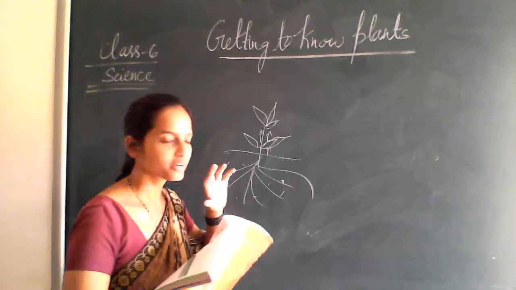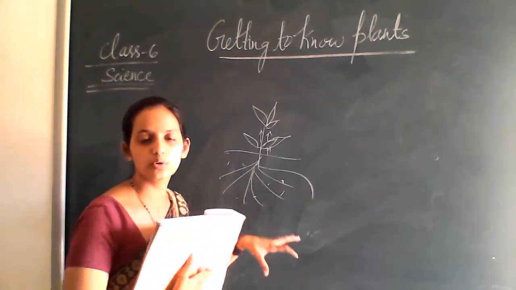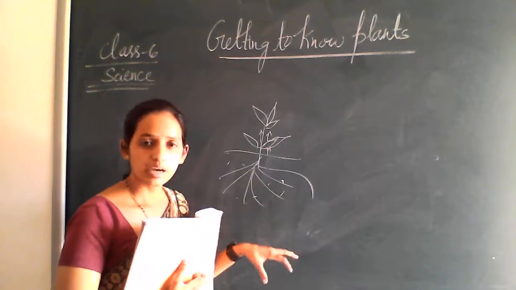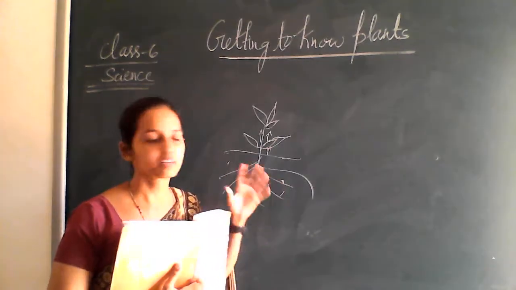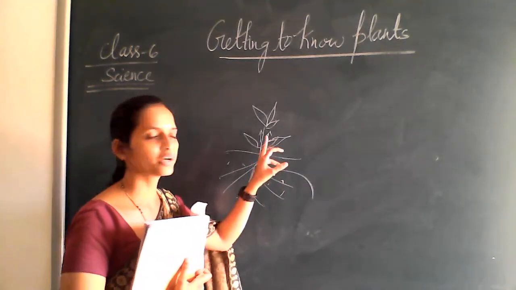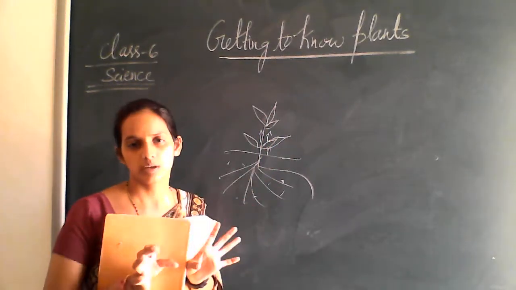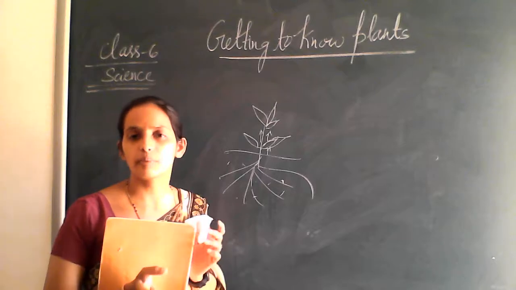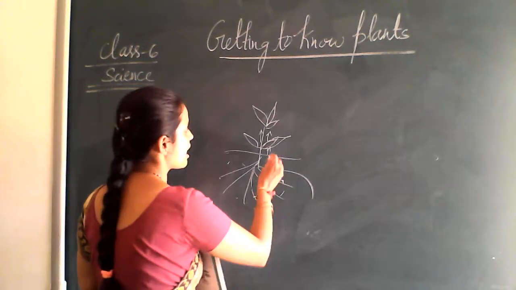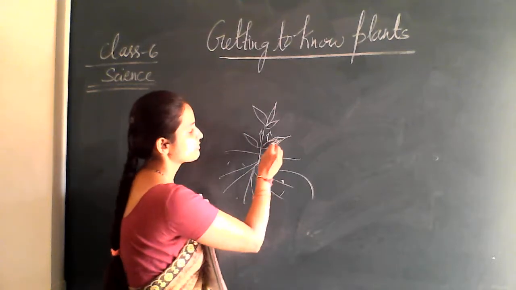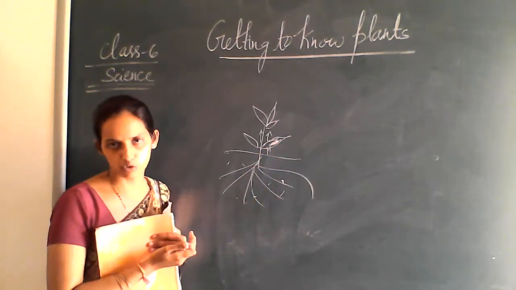In this part what you have seen, the root is going to absorb all the water and minerals from the soil, and it is going to transfer them through the stem. Your stem will transfer those water and minerals to different parts of the plant, where after sending those water and minerals to different parts, your leaf is going to prepare the food.